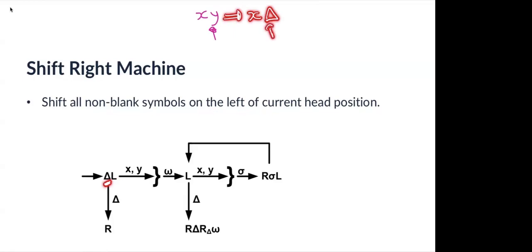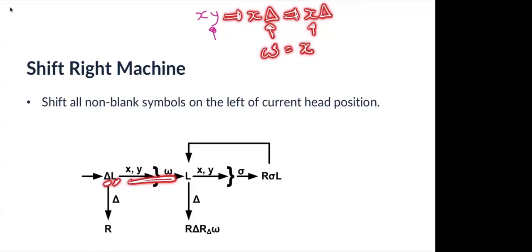And we are still in this position. And then we will go L, which means we will have the same tape, but the position is moved to the left. And we found an X. It means we will go to this. X is stored as omega.